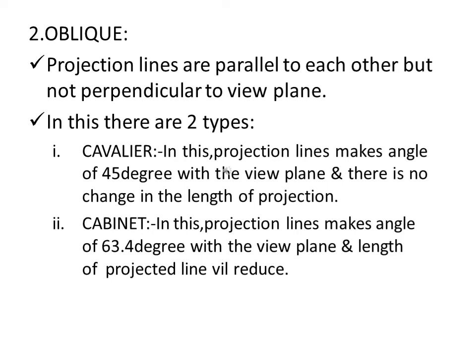The first is the cavalier. In a cavalier projection, the angle between the projection and the projection plane is 45 degrees.